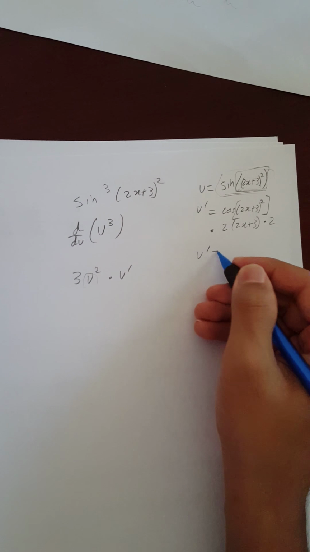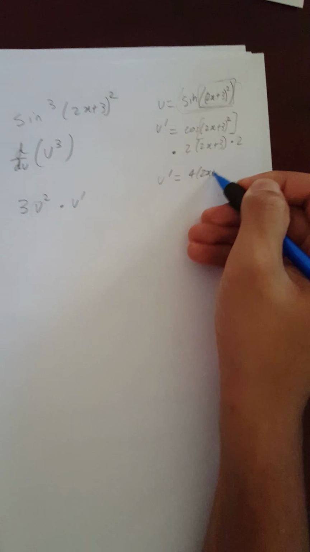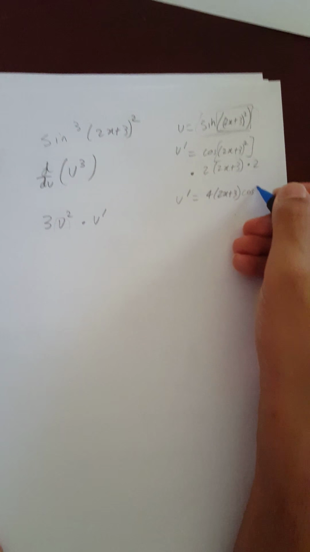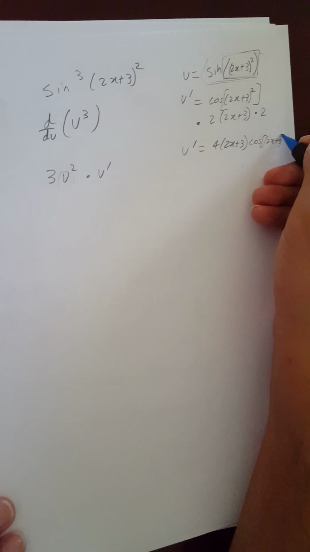So u prime equals 2 times 2, which is 4, times (2x plus 3) times cosine of (2x plus 3) squared.